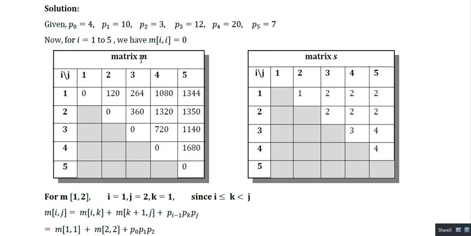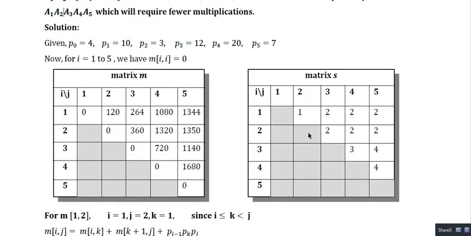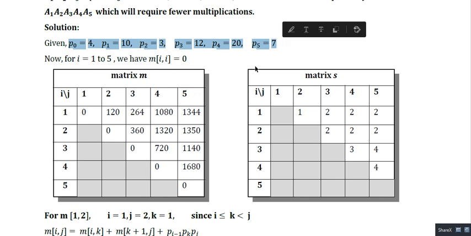This matrix is called matrix M, which holds the minimum number of scalar multiplications, and this other matrix holds the point around which we make the parenthesization. So let us start our problem. Just keep the P0 to P5 values in mind. These two matrices are filled like this: the darkened side is all 0, and the rest are empty.